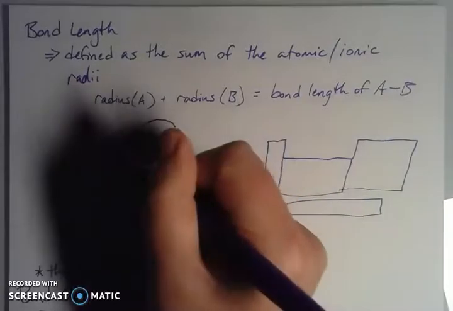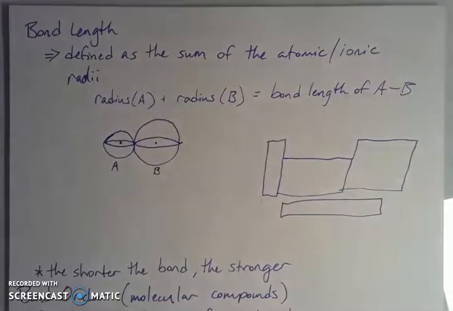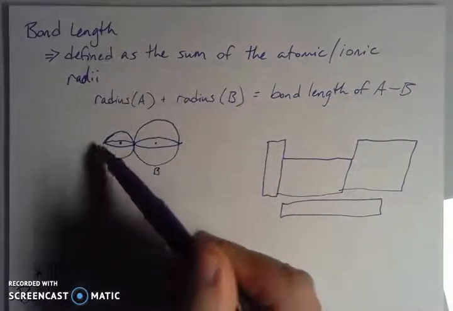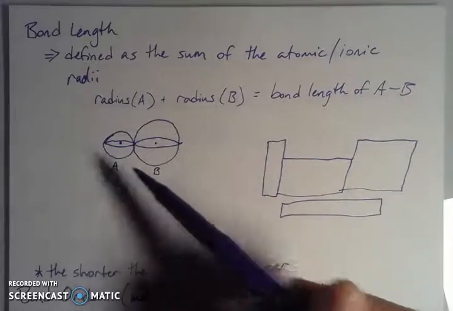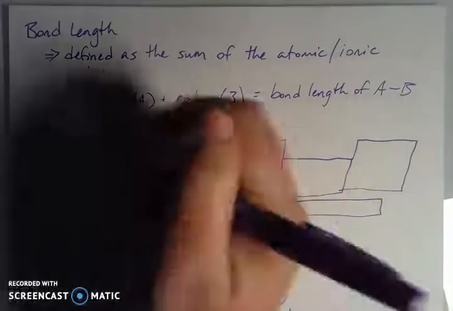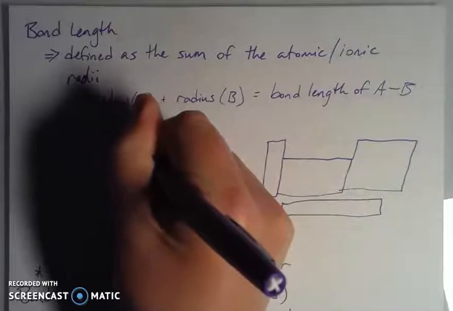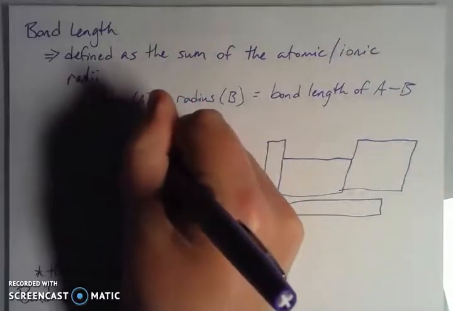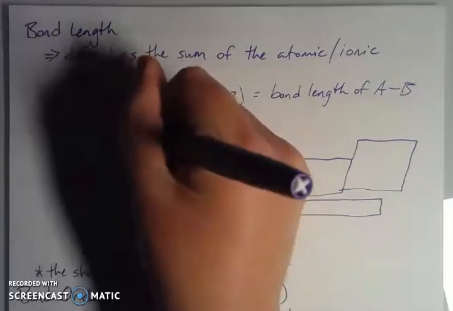This is a horribly drawn sphere; I apologize for my poor art skills per usual. So if I have a sphere here that represents atom A and a sphere here that represents atom B, then the radius here for A and the radius here for B, this distance is my bond length.